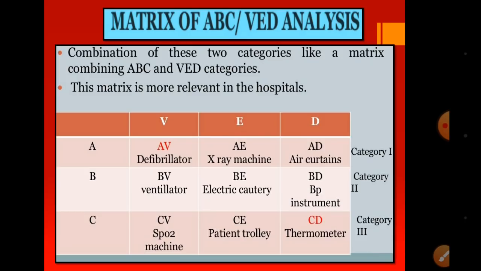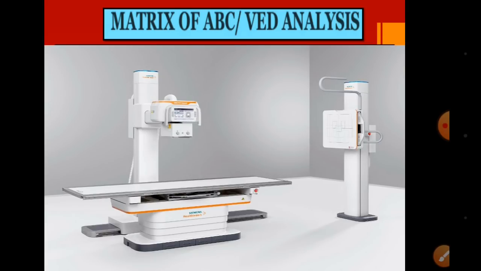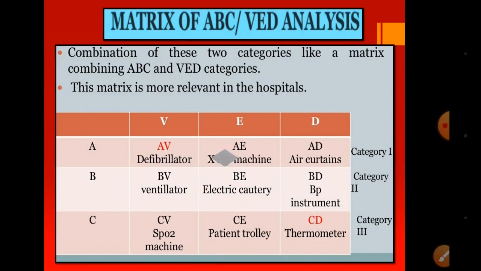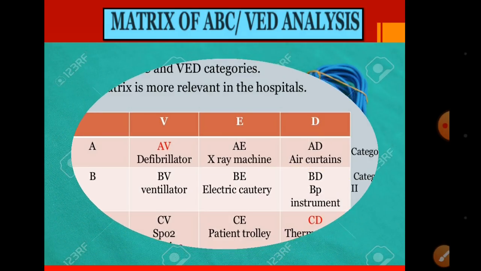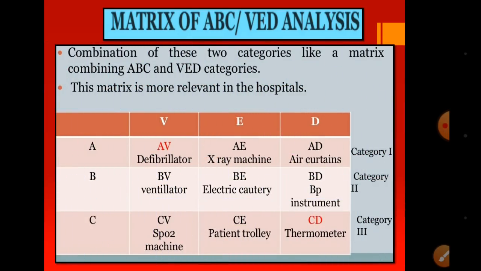AE item, that is in A row and E column, example, X-ray machine. BE item, that is in B row and E column, that is electric cautery. CE item, that is in C row and E column, example, patient trolley.